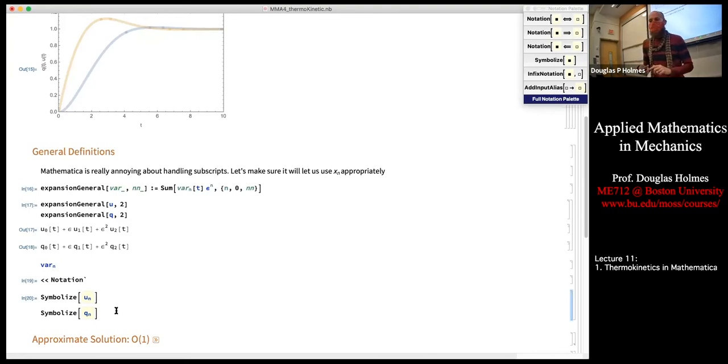Mathematica won't do that by default, and you'll have problems if you ask it to replace u of 3 with this thing, because it'll say, oh, I don't have a variable u of 3. And so this basically makes it treat subscripts the way you and I think of subscripts. The reason I say it's half an answer is because I don't know the way Mathematica treats subscripts by default.